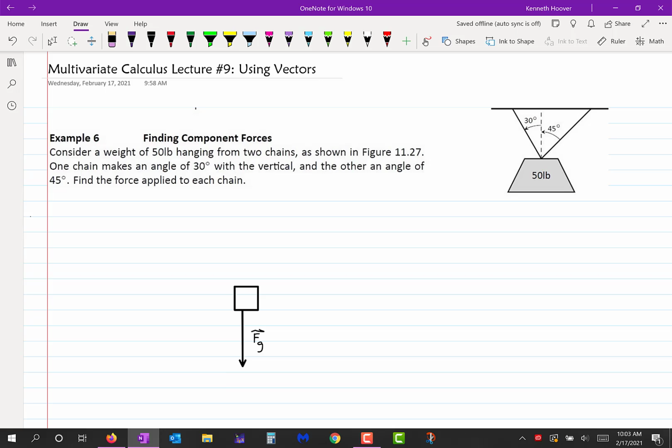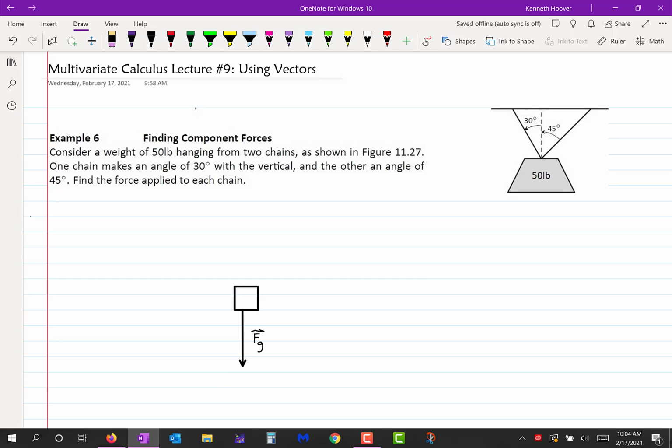The fact that it's hanging there means it's not falling, and so there must be some upward force being pulled on it to counteract the force of gravity. Okay, and the only force that can be pulling up is what we call tension through the chains.